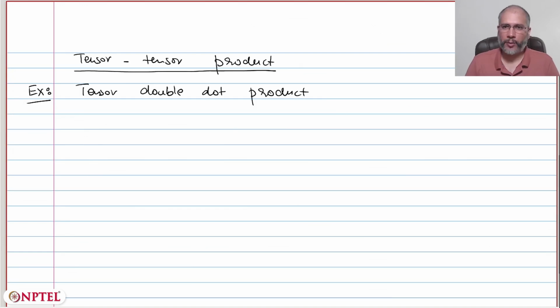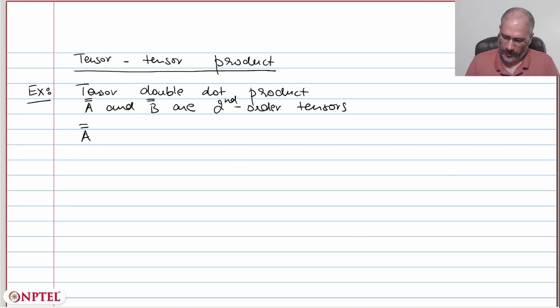So let's say we have two tensors A and B, and we'll try to find out what A horizontal double dot B is. Let's start with the analogy with dyads.